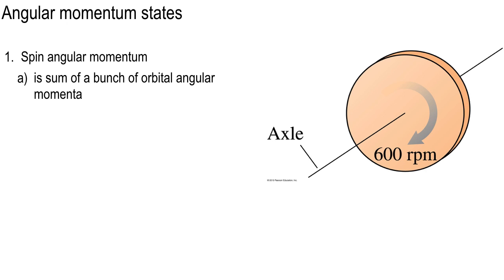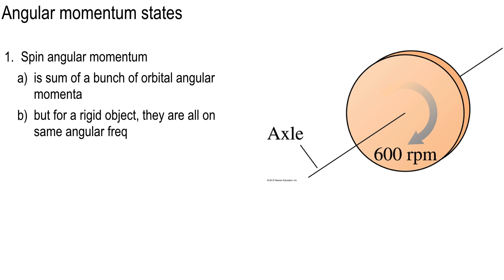In other words, it's not made of water. It's not made of jello. So they all have the same spin rate, the same angular frequency, and so you have a bunch of orbital angular momentum. So just think of every pixel of this disk. Each pixel's got some MRV around this axis, and you add all those up, and you get.